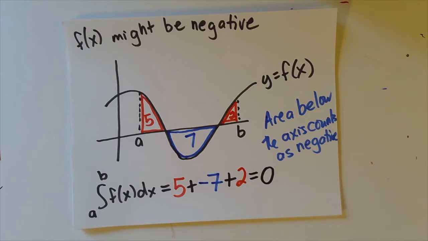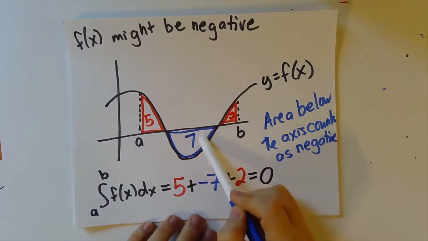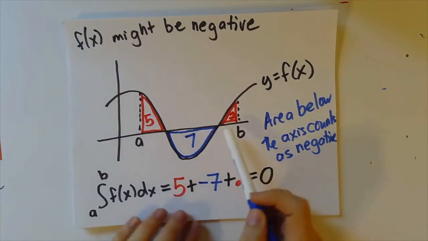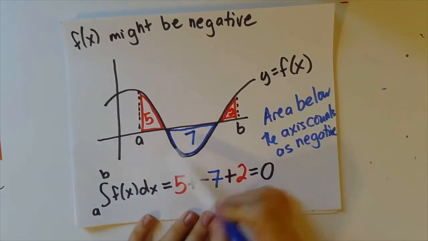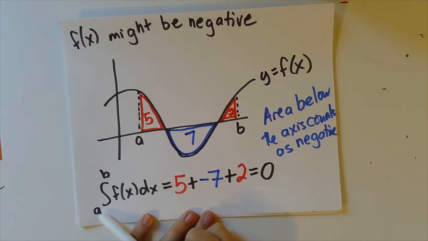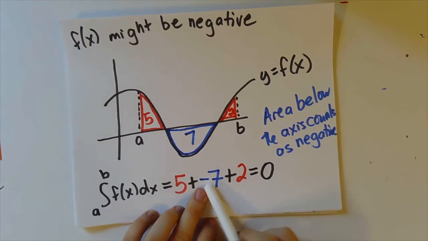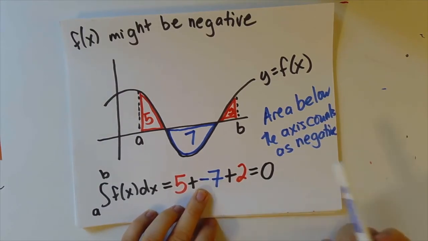I want to emphasize that negative area makes no sense. I'm not at all saying any area is negative. You'll notice when I labeled the area in the graph, I labeled it as 7. The area of this wedge is 7, but when I'm actually doing the integration, I count it as negative, so I stick a minus sign in here.